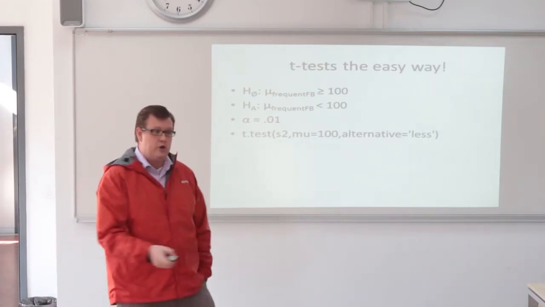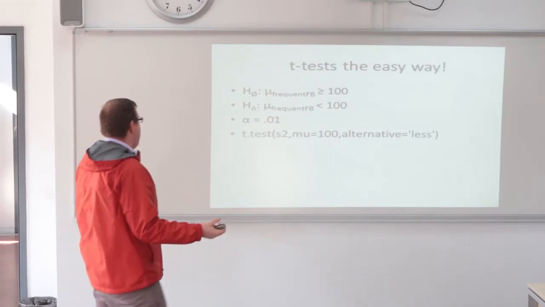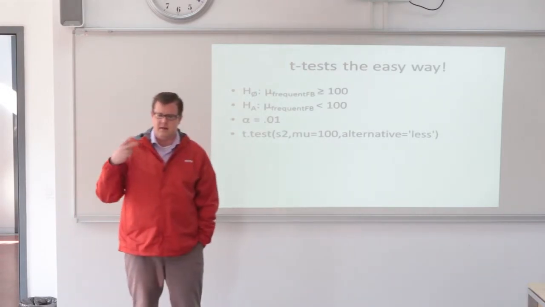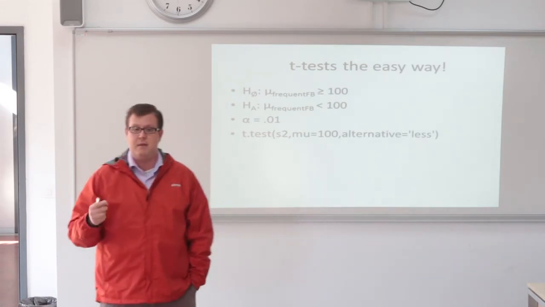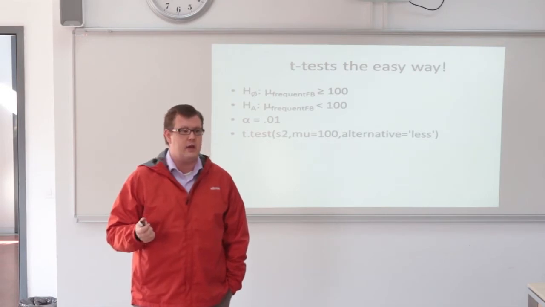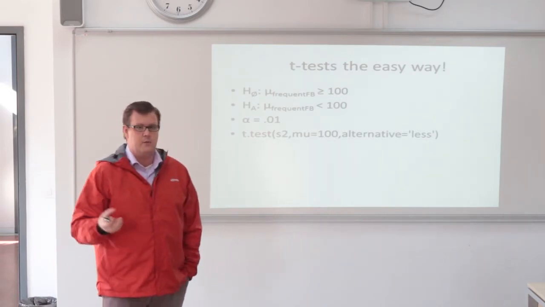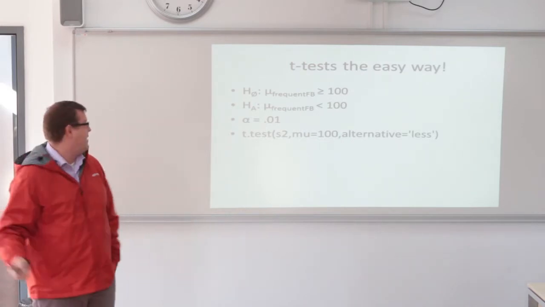So it has a mean of 100, and higher scores indicated happy people. And the teacher had this idea that people who use Facebook more frequently are less happy than people that don't use Facebook frequently. So this could translate into a one-tailed hypothesis.